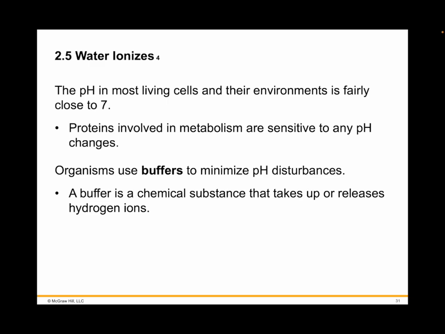So what keeps an organism's pH constant? Cells contain chemical substances called buffers that minimize changes in concentrations of hydrogen ions and hydroxide ions. They do this by taking up or releasing hydrogen ions into a solution as the hydrogen ion concentration of a solution changes.